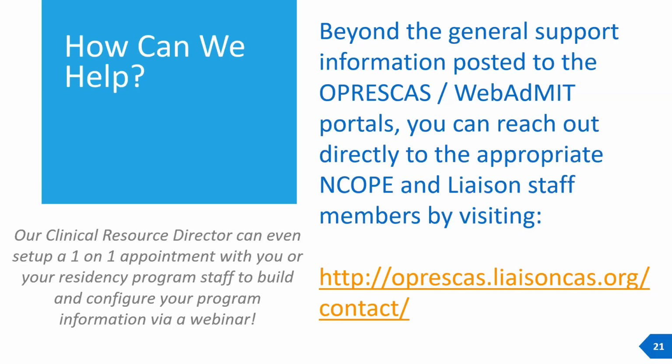The other thing that's happening is also within our applications, or excuse me, registration forms for residents. One of the next steps is that the registration forms in the not too distant future are going to include, what is your OPRESCAS ID? The resident will have to enter that information in. And if they don't have an OPRESCAS ID because they're a current resident, like let's say it's Michelle's situation, they're already an orthotic resident and they're sticking around for their prosthetic residency, they'll be able to enter what's known as their resident ID, which they're provided in their first residency.